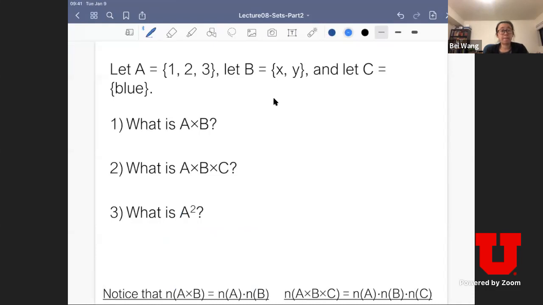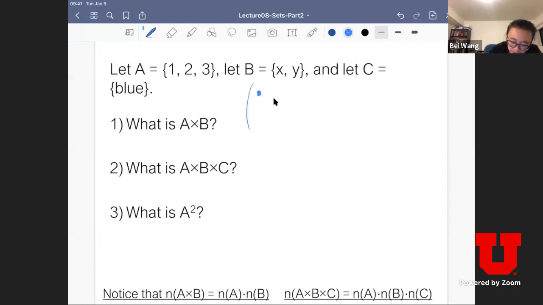So now let's begin to look at the Cartesian product of sets. In this case, we're going to ask you to list elements. For example, what is A cross B? I want to choose an element from A and an element from B. There is a mental picture you can draw.